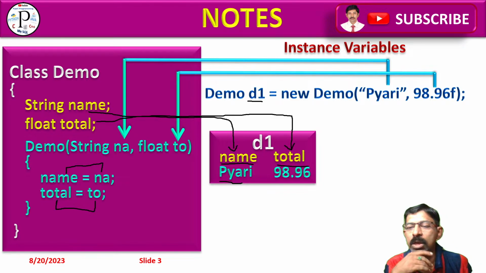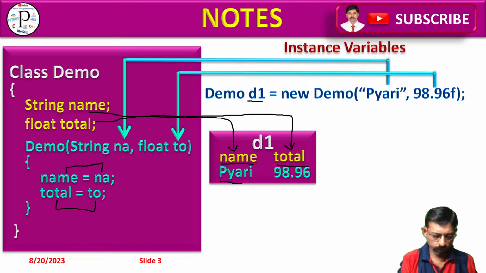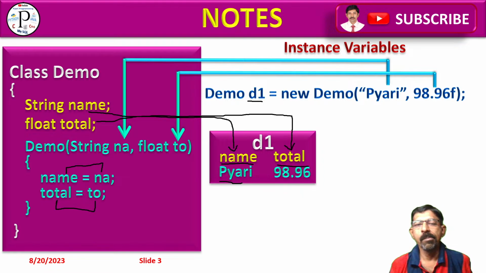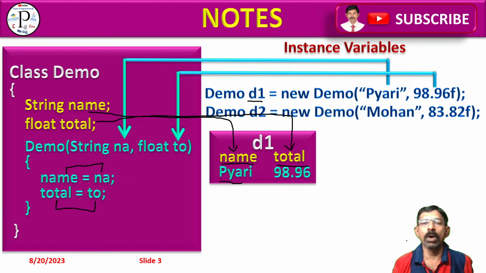Up to this, D1 understood? Object D1 understood? Okay, fine.